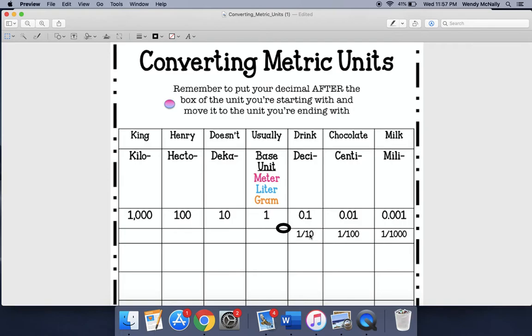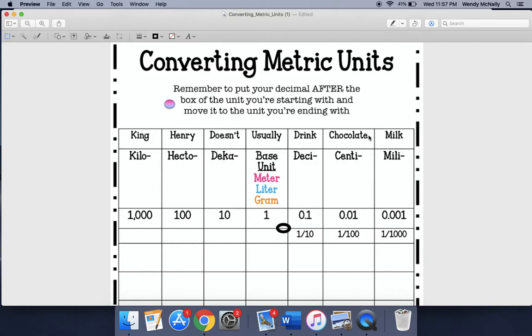They're both spoken the same way, 1/10. And then you have centi, which is 1/100th. The C in chocolate stands for centi. And then you have the M in milk, which is milli, and that is 1/1000th. This is the decimal, and this is how you would read that in fraction form.